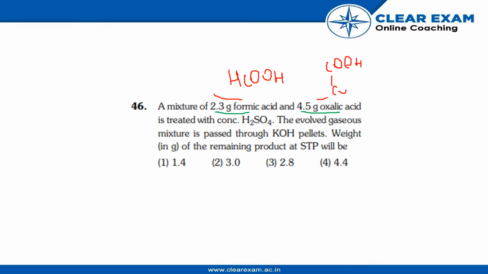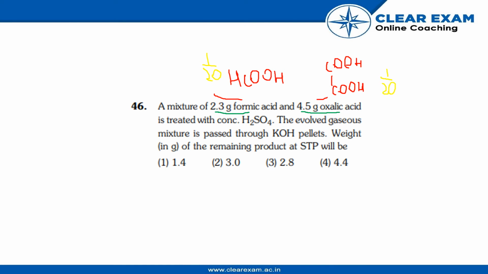So if we see their atomic mass and the weight given to us, we can tell hereby that both of these are 1 by 20 of their moles. 1 by 20 and 1 by 20.